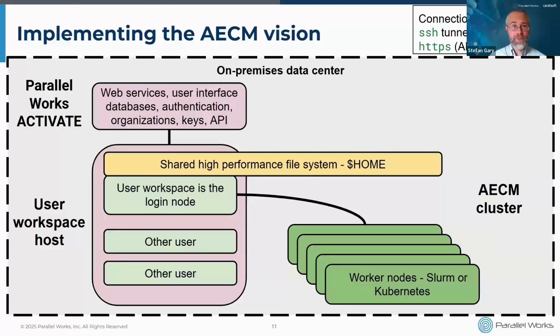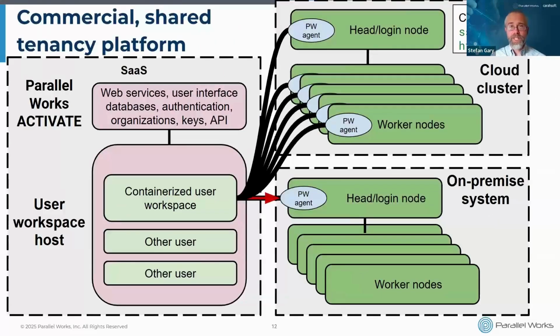That's what the following slide is. Here, the idea is to show the ParallelWorks Activate platform connecting to two clusters. On the top is a cloud cluster, and on the bottom is an on-premise cluster.